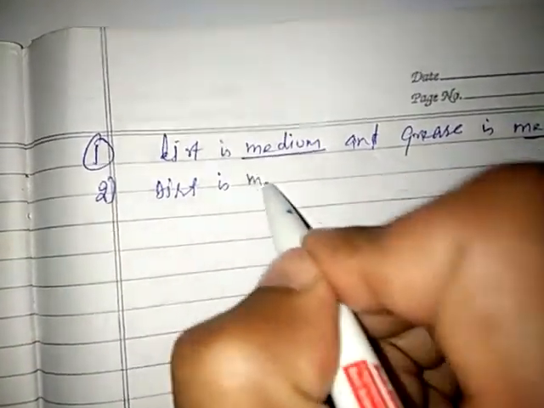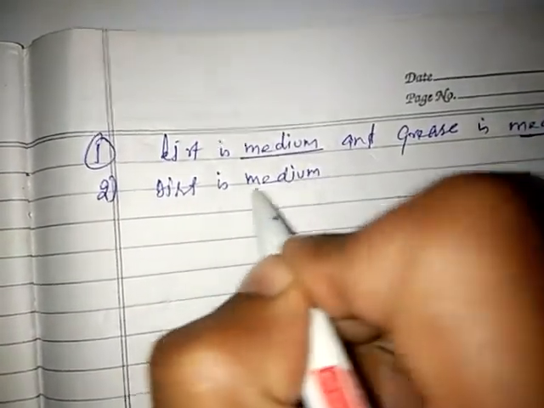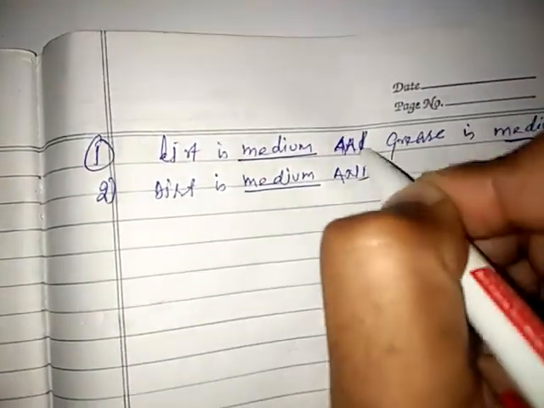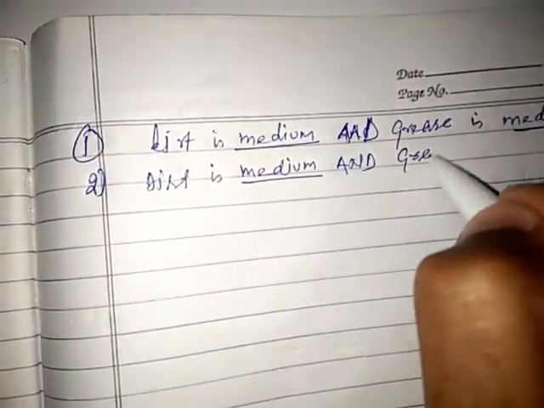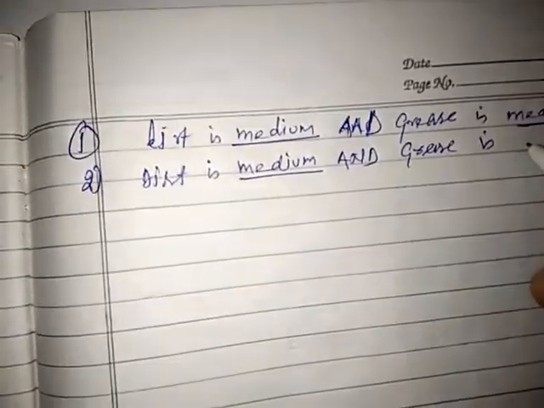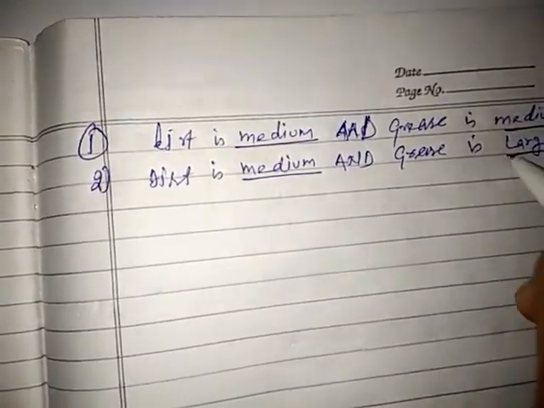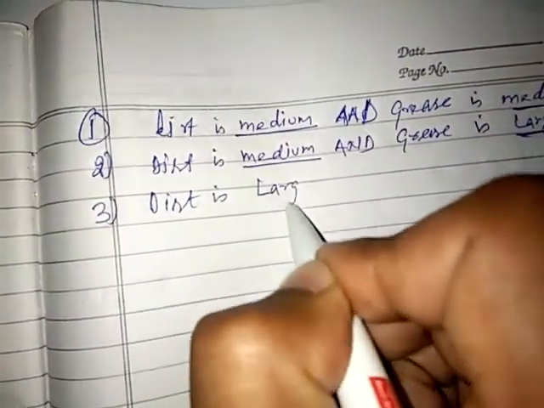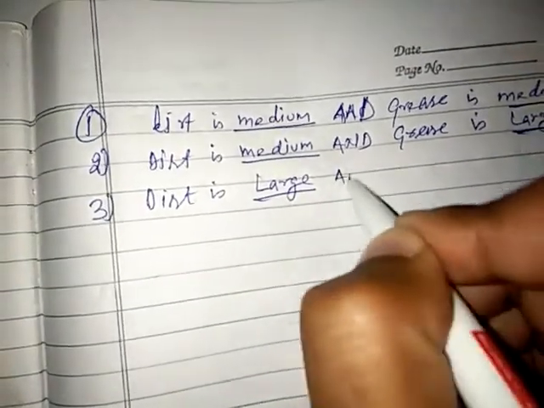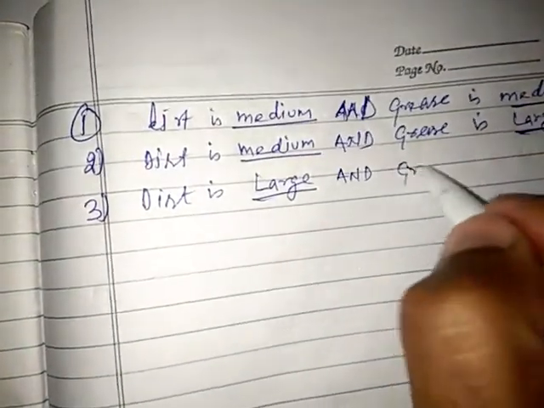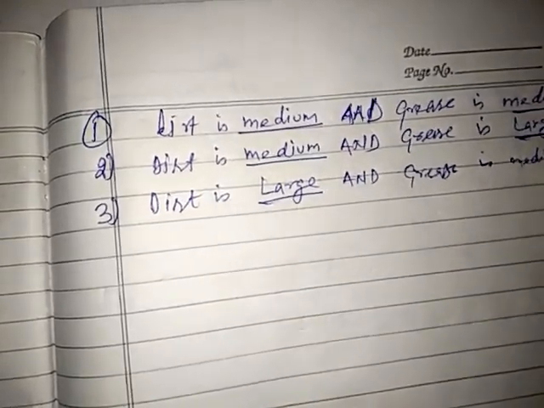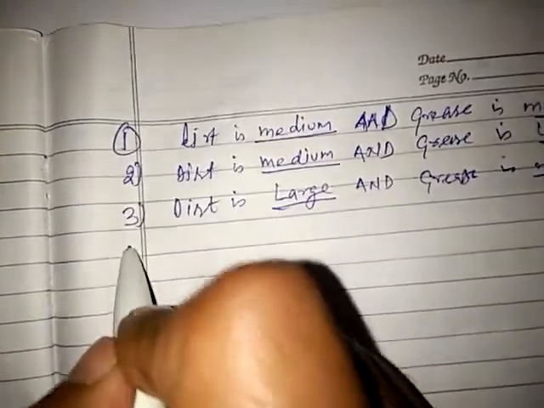dirt is medium and grease is large. Third one, dirt is large and grease is medium.